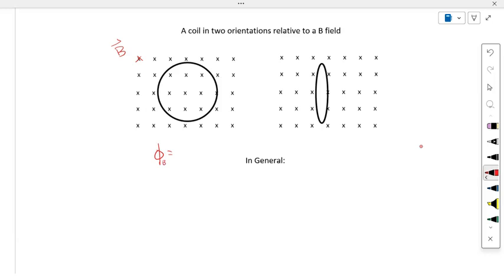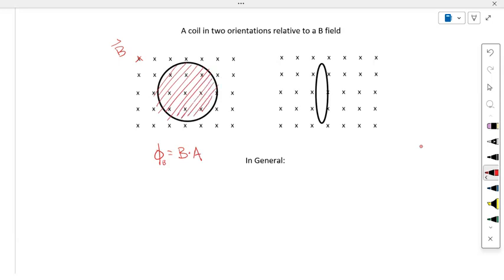magnetic, that is a product of magnetic field and area, where the area is this area here, the area of the enclosed loop.